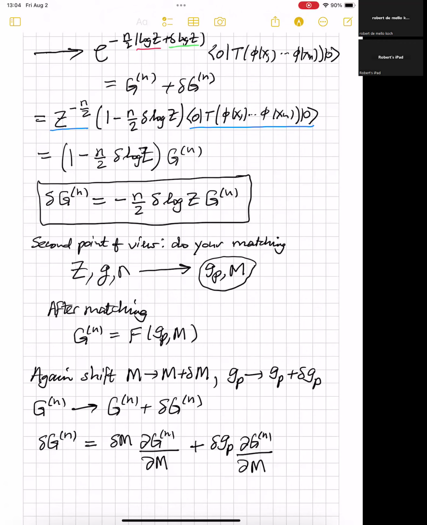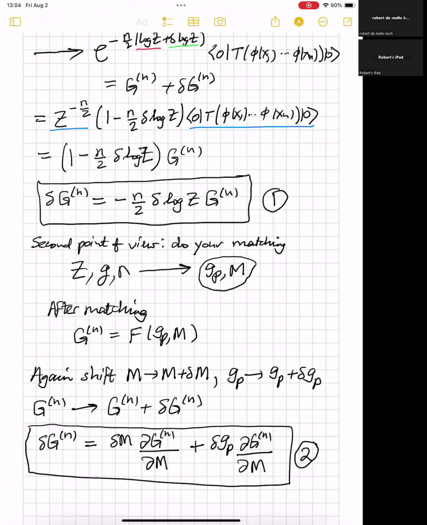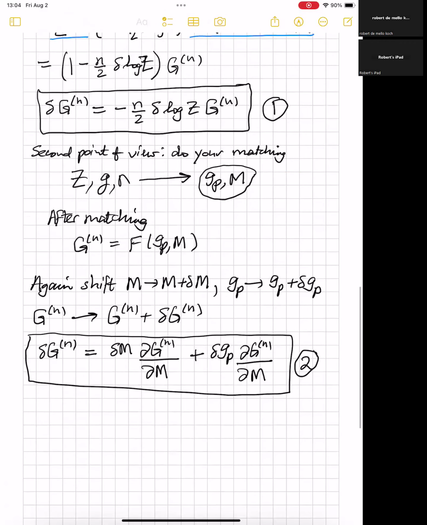dGP. Well, here's a simple formula, a second formula for delta G. Now, this first formula for delta G and the second formula for delta G have to agree. The statement that 1 is equal to 2 is the Callan-Symanzik equation.